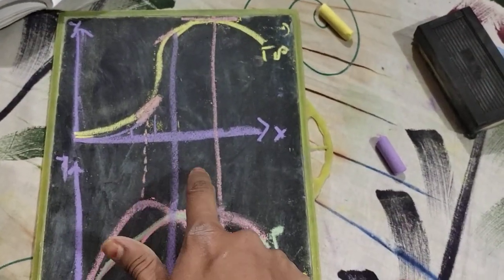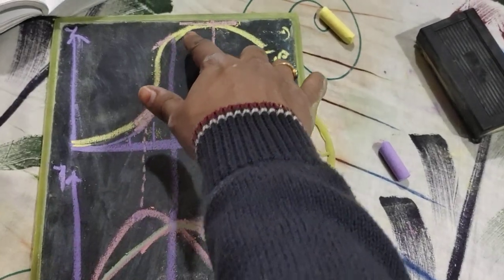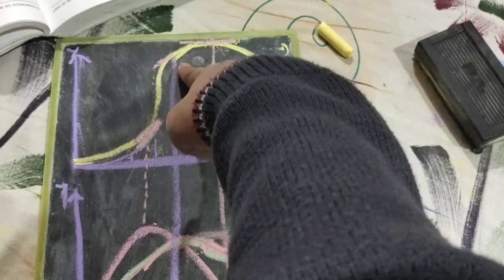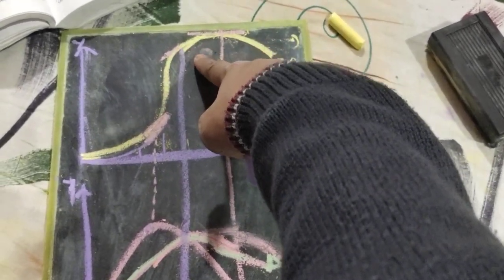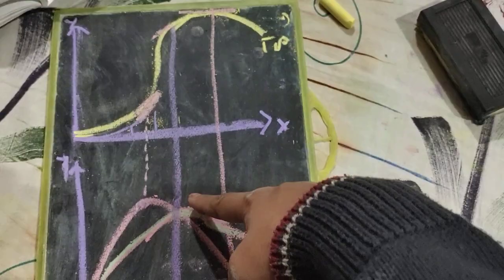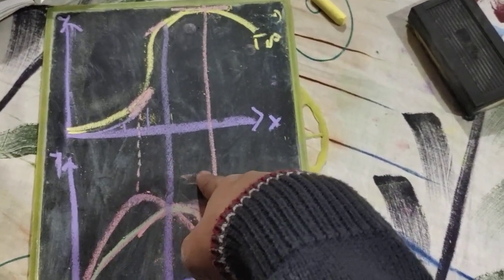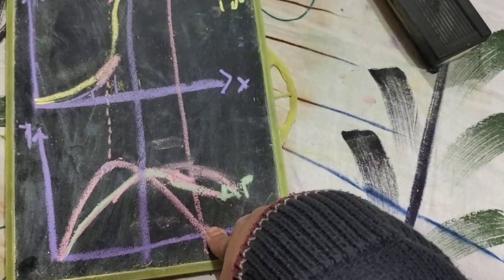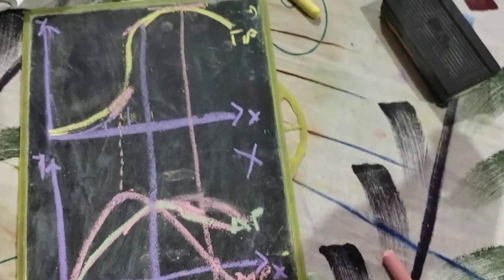Then you have three stages of production as well. Where is your stage 1? Stage 1 comes till this point, when your AP is maximum. Then stage 2 is when your AP is falling till the total product is maximum, that is MP equals 0. Then the last stage, you will not produce here because everything is negative.